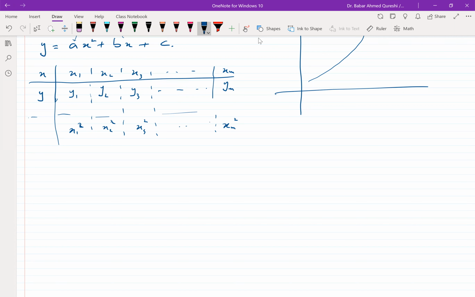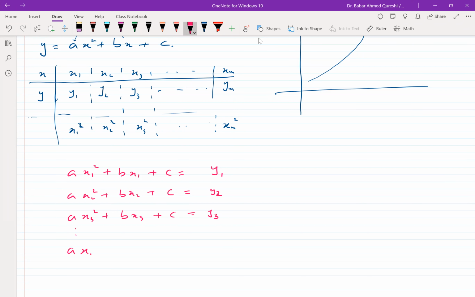And then you know that this is what you are expecting: that a x1 square plus b x1 plus c is equal to y1, because this is what the law says for all pairs of x1 and y1, up to the number of data points you have.